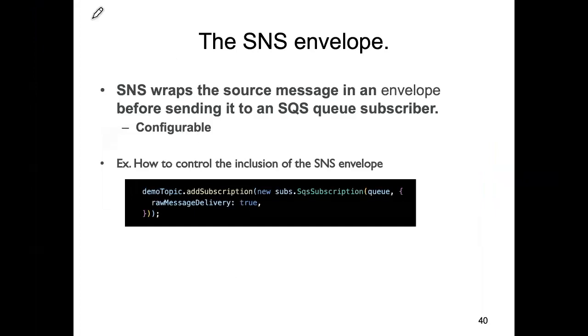The point that I'm making on this slide here is, when you've got an SQS subscriber linked to an SNS topic, then what SNS does is it wraps the message in what's called an envelope. And the envelope contains some extra metadata, which may or may not be of interest to you in your application.